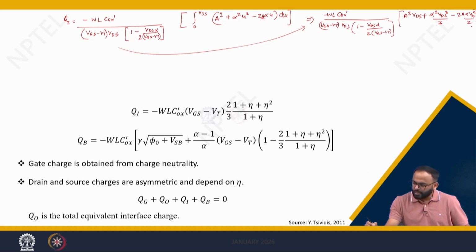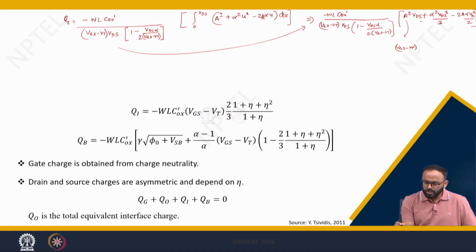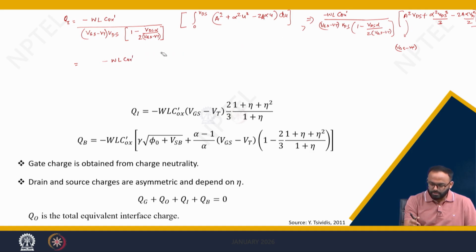So, this will be the final result, where A is nothing but Vgs minus Vt, right. Take Vgs minus Vt or A square Vds common. So, ultimately what will happen, in the numerator you will get W into L into Cox dash, you are taking A square Vds common, means Vgs minus Vt whole square into Vds you are taking it out.